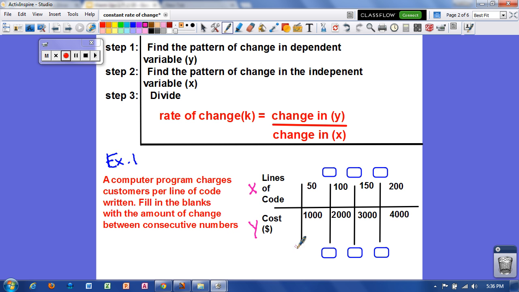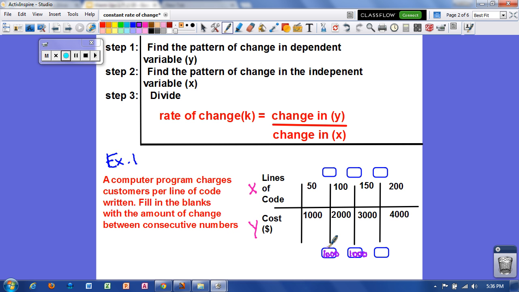So what I want you to do is look at your y values. We are going from 1,000 to 2,000. I want you to think about what amount of numbers is in between that. So think of the difference. If we're going from 1,000 to 2,000, we have 1,000 in between that. If we go from 2,000 to 3,000, we have 1,000 in between that.